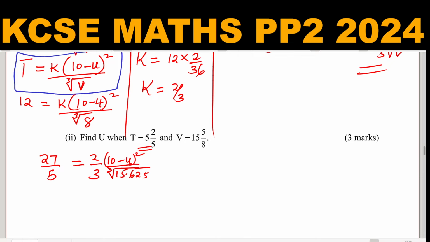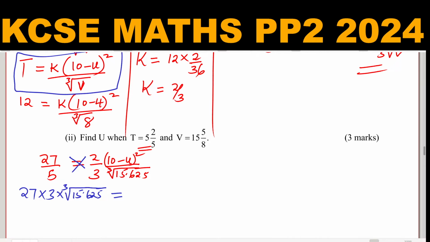So now when you look at whatever we have after substituting, we can actually cross multiply the whole of this. I will take, for example, 27 multiplied by 3 multiplied by the cube root of 15.625 is equal to the other diagonal.